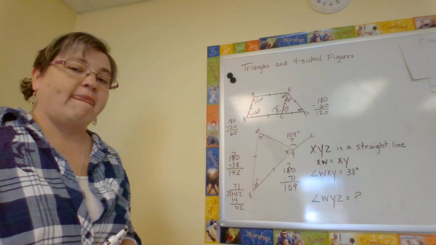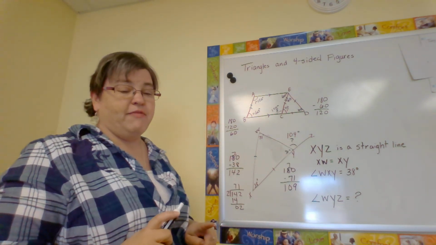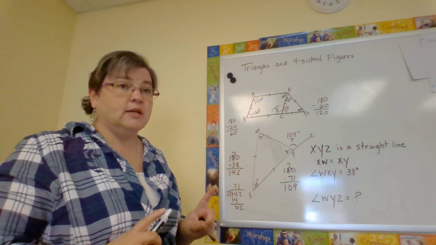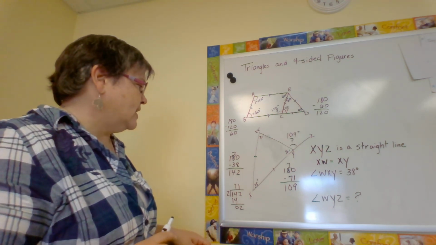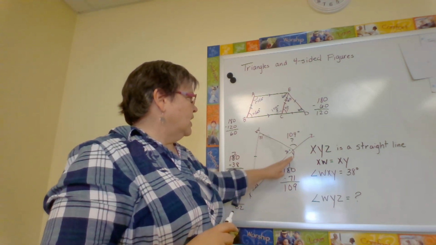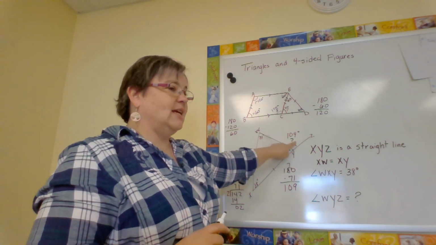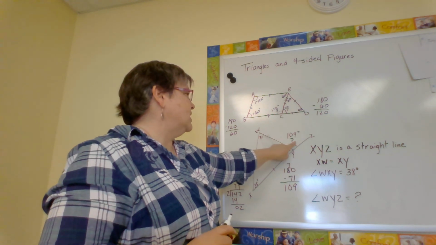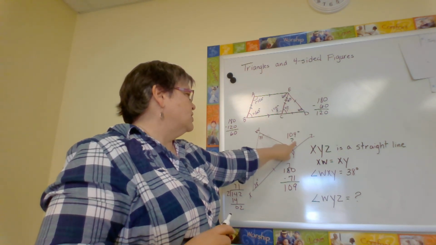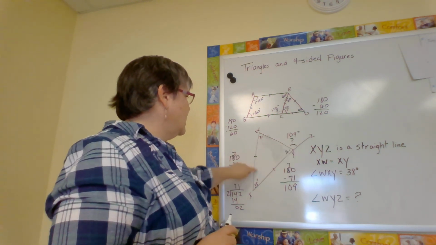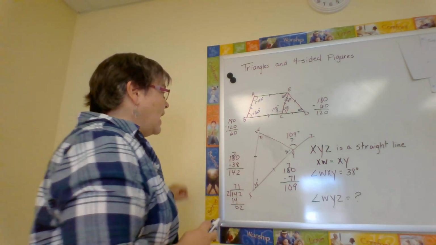Now, I could also have found that one other way. Remember the rule that says that a line that extends from a triangle, this angle has to equal the opposite interior angles. So it has to equal this angle and this angle added up.